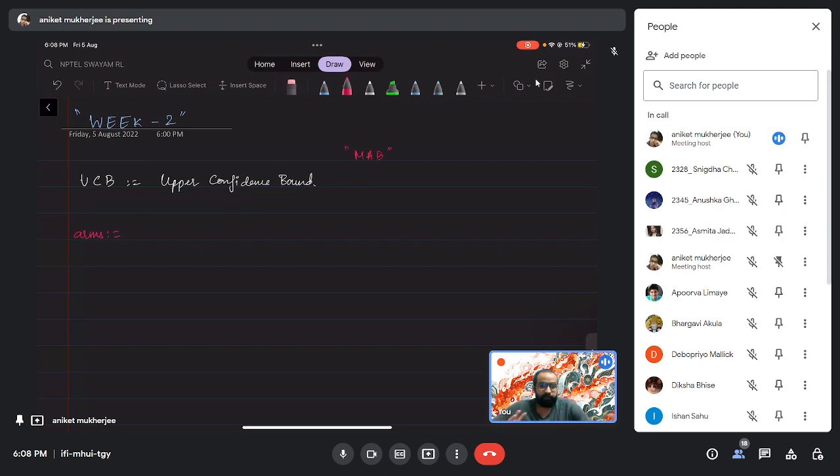I hope you are now familiar with the concept. You have arms, and each time you pull an action, the arm has an underlying distribution that is unknown to you. From that distribution a reward is sampled, and you get a reward at each time. You want to maximize.